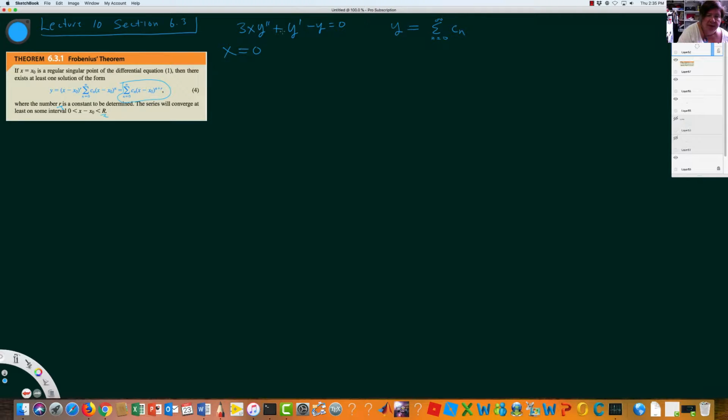If you multiply p by x, it becomes analytic, and if you multiply by x squared, it certainly becomes analytic. So this is a regular singular point. Prove this to yourself.